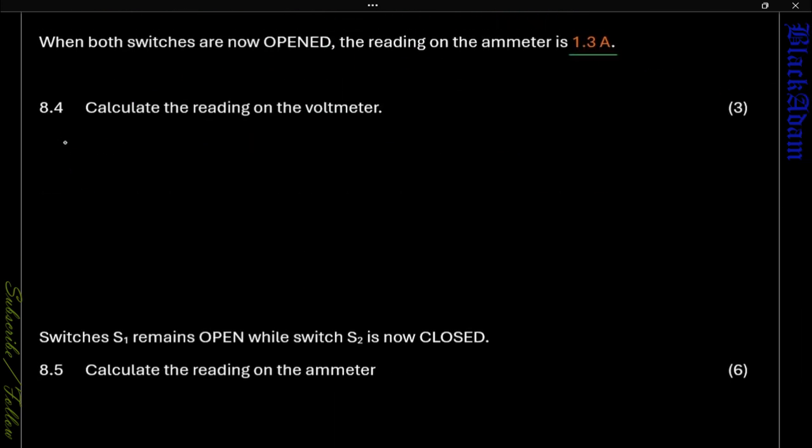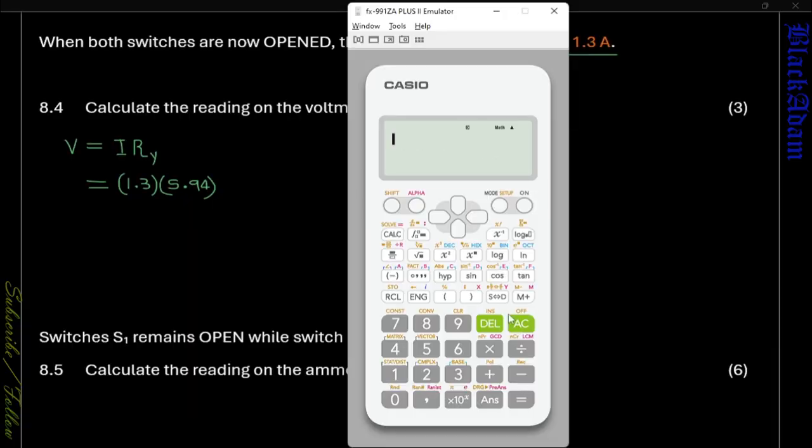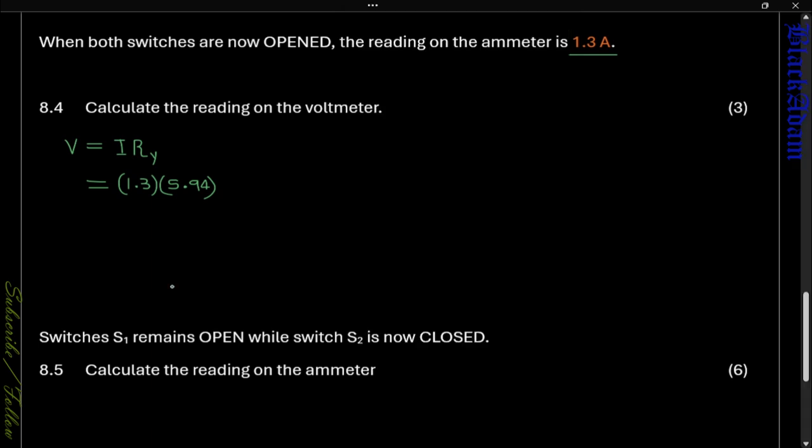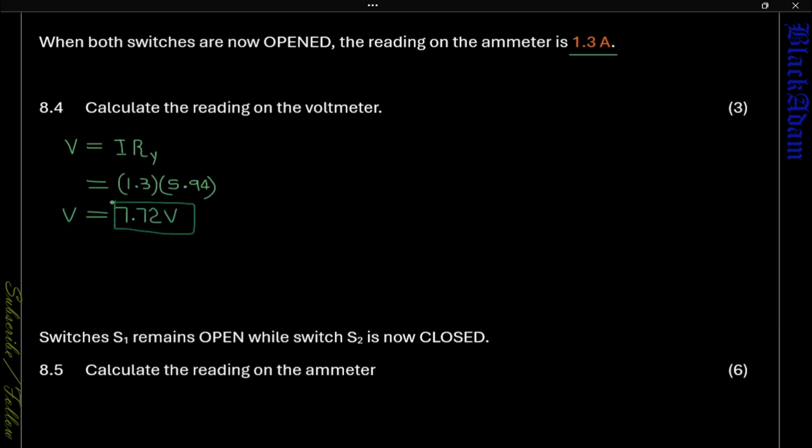The next question, calculate the reading on the voltmeter. The reading is IR. Let us look at the current as Y, and the voltmeter is at Y, so the current is 1.3, which was given, multiplied by 5.94, that gives 7.72 volts.